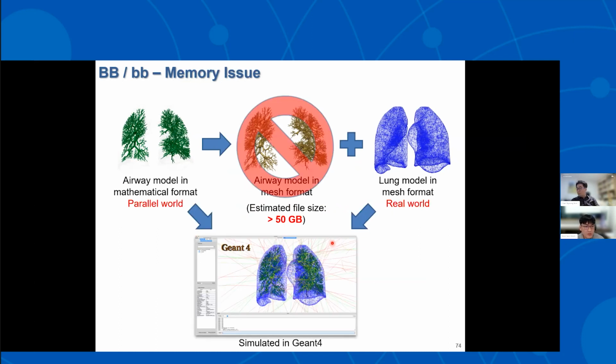So to address this issue, we used a different approach, in which the lung mesh model was overlaid with the mathematical airways directly in the Geant4 code using the parallel worlds function. This overlaying approach is currently only available in Geant4, but it enables calculations for the detailed lung airway model while requiring minimal additional memory use.